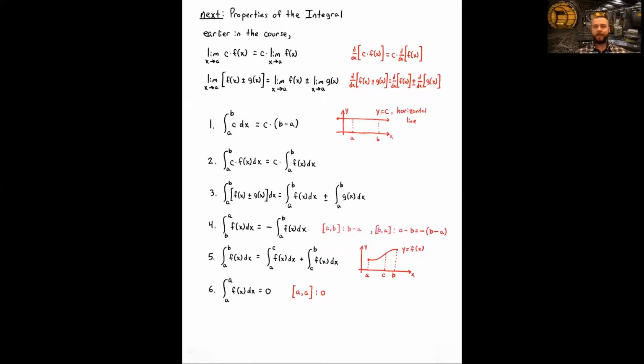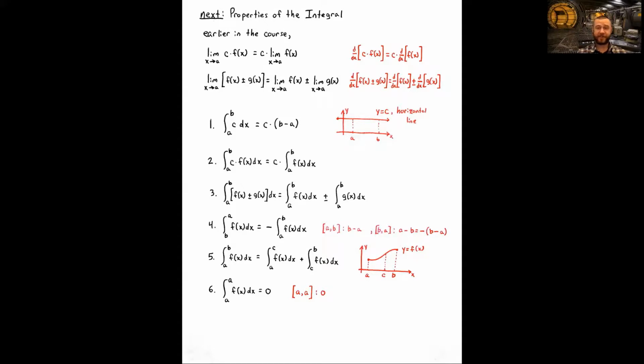Let's take a look at one last property. This one's a little peculiar. It's basically saying if we have the definite integral for a function from a number a to itself, a, this actually, as it turns out, comes out to equal 0. Now, why does that make sense? Well, we interpret a definite integral basically for a function over an interval. And our interval here is a little peculiar.